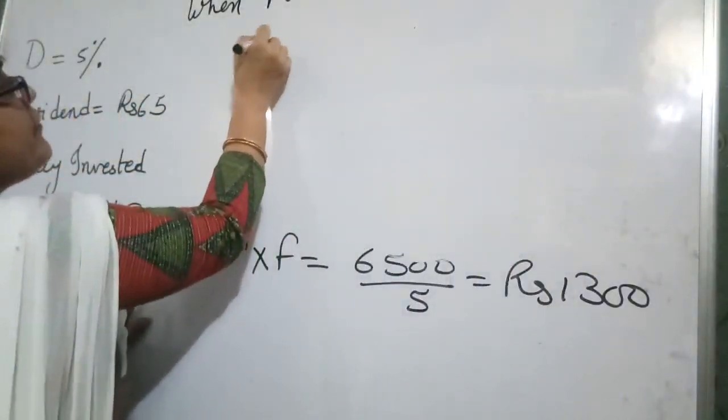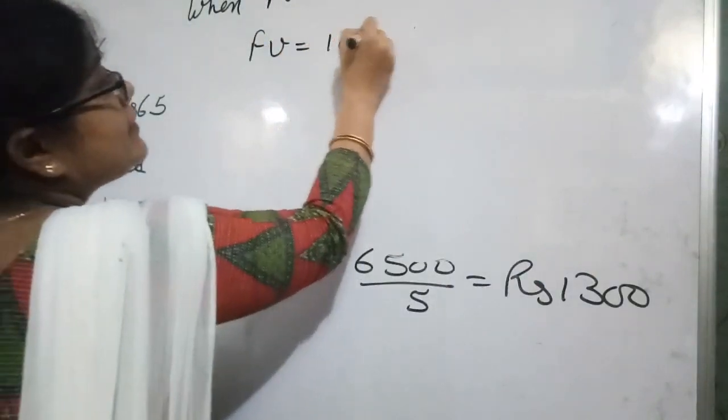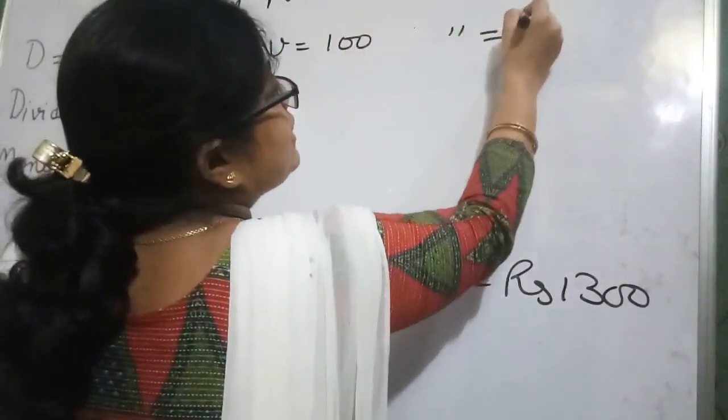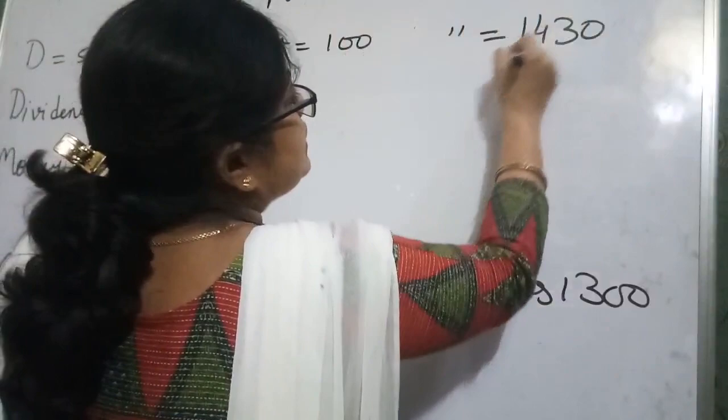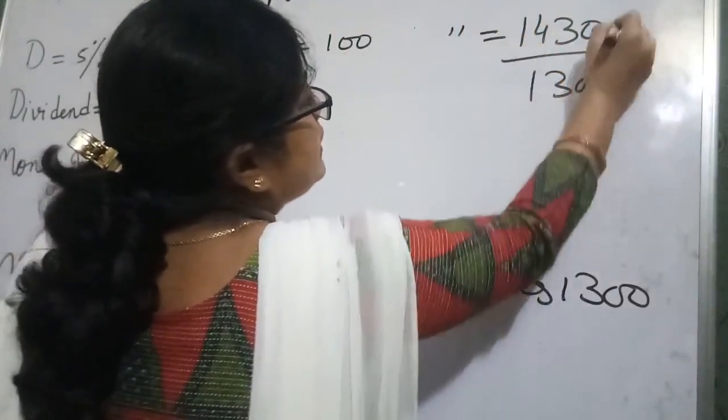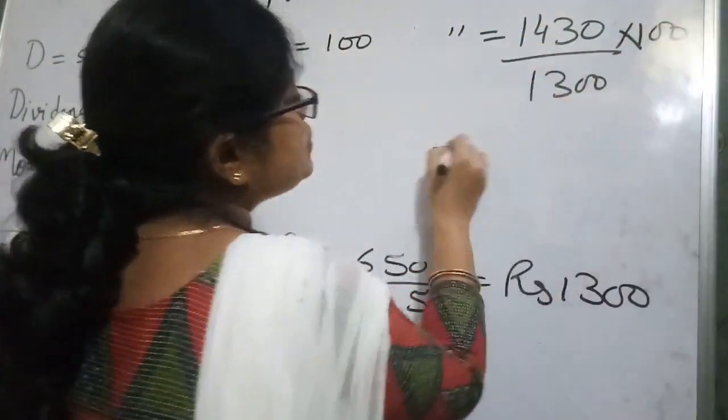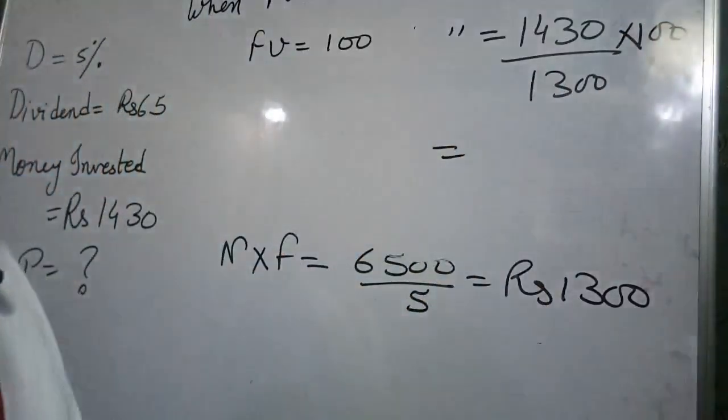So when our face value is rupees 100, then our actual market price is 1430 over 1300 into 100. When you solve this, you will easily get the market price.